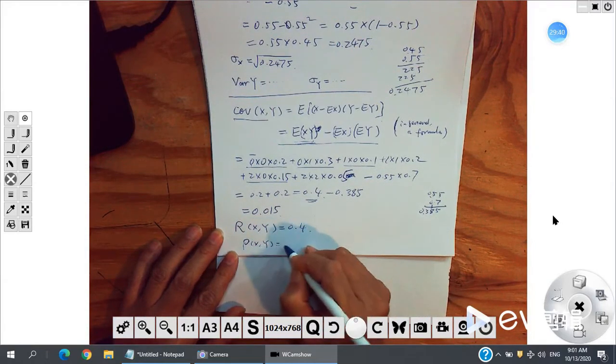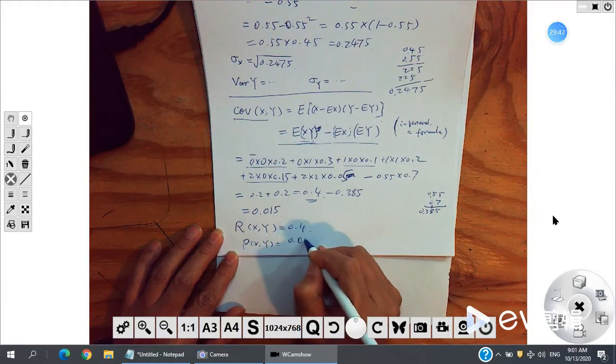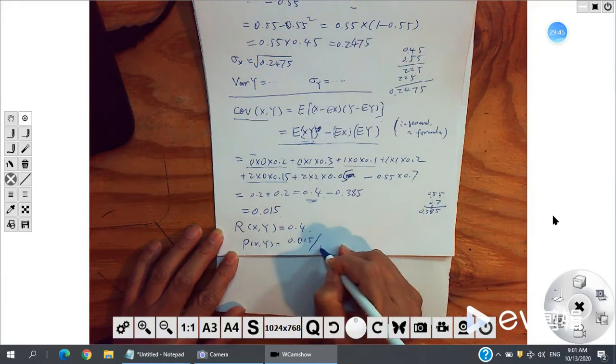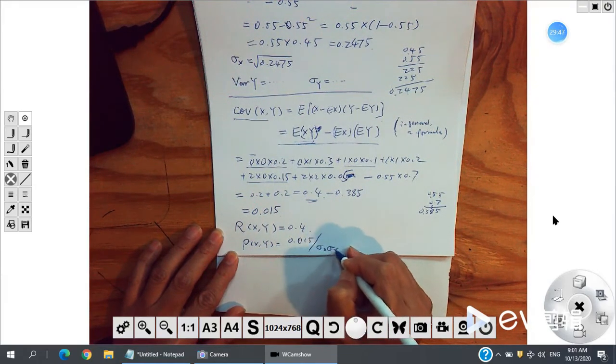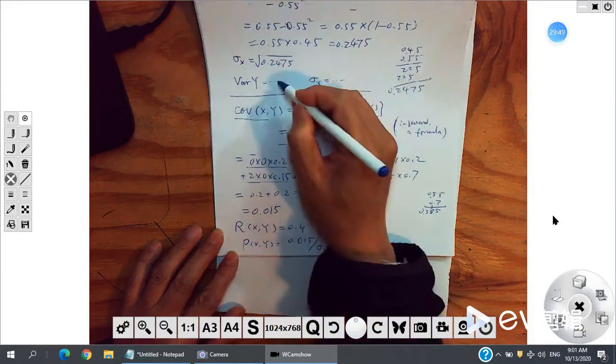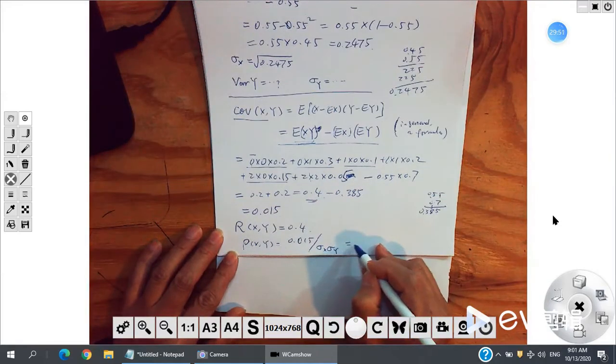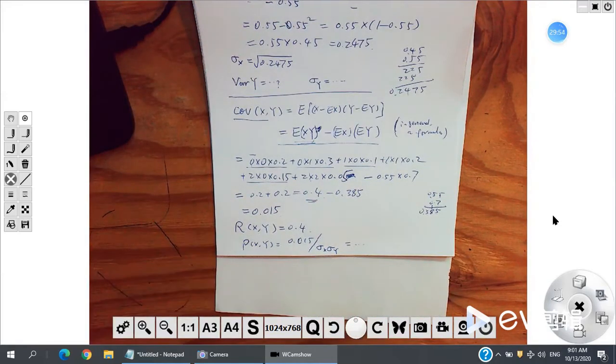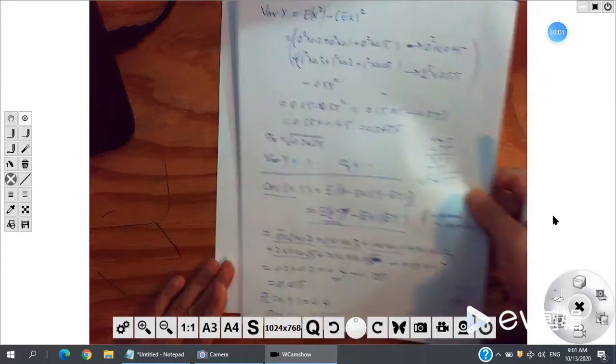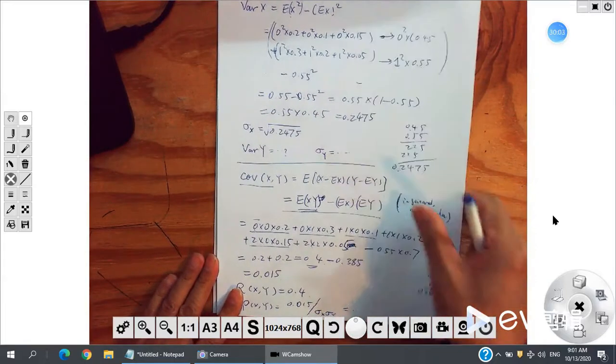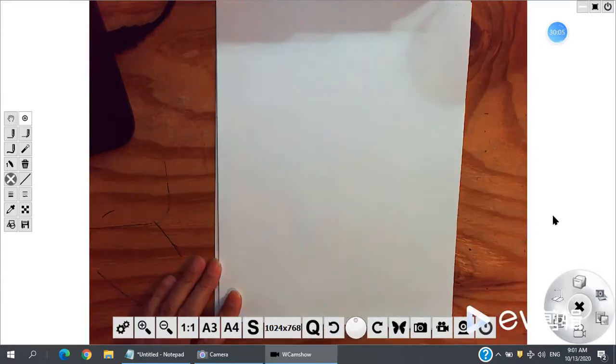It will be the covariance over sigma X times sigma Y. Oh, I didn't calculate sigma Y, so I leave it blank here. Okay, so this is one example for the discrete type, and we can do a similar thing for the continuous type. We check another example.